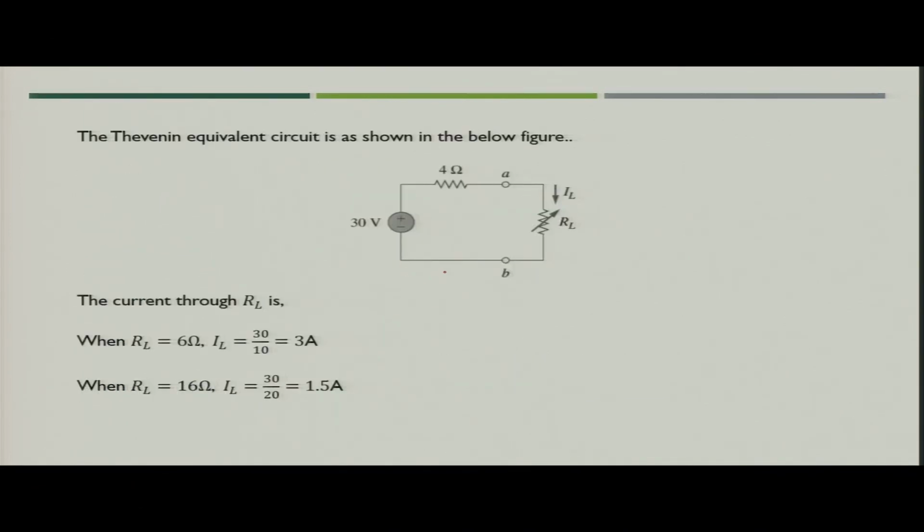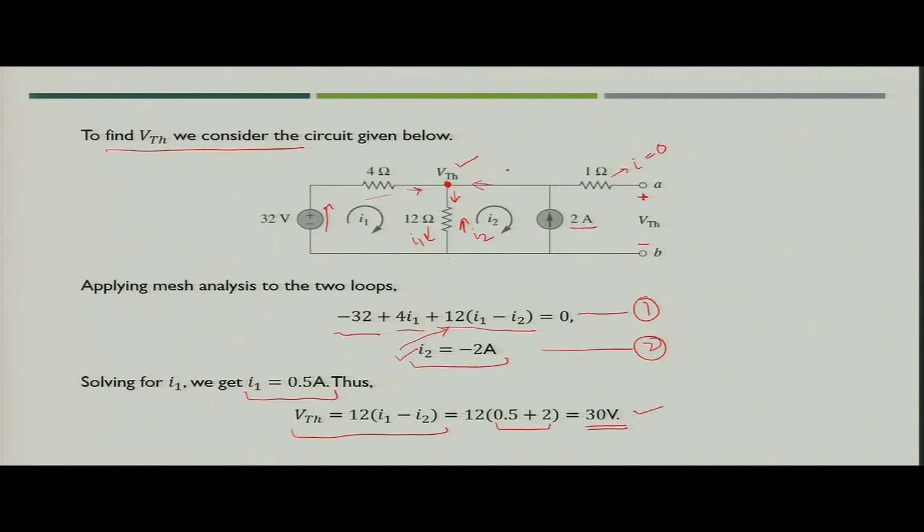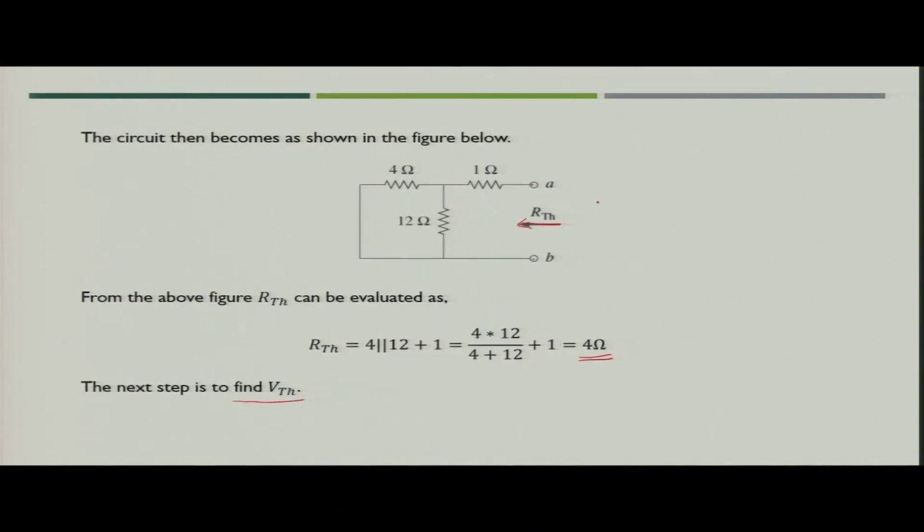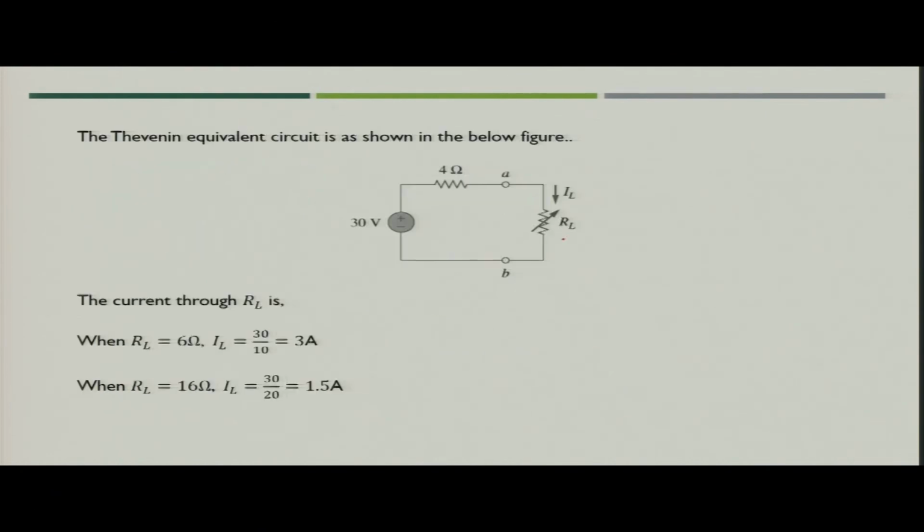Now, the equivalent circuit of the particular figure which we discussed is 30 volt, that is VTH, and 4 ohm, that is RTH, and across the terminal A B you will apply a variable resistance, where you have to find out the value of load current for 6 ohm, 16 ohm and 36 ohm.